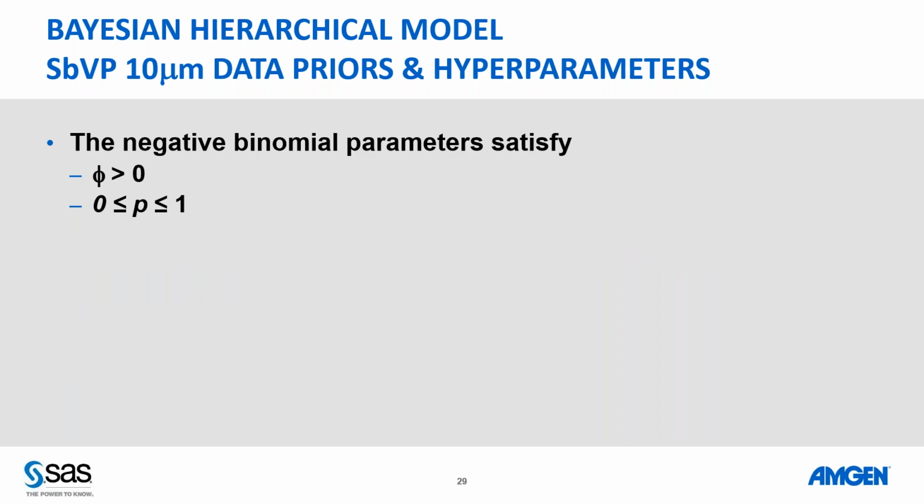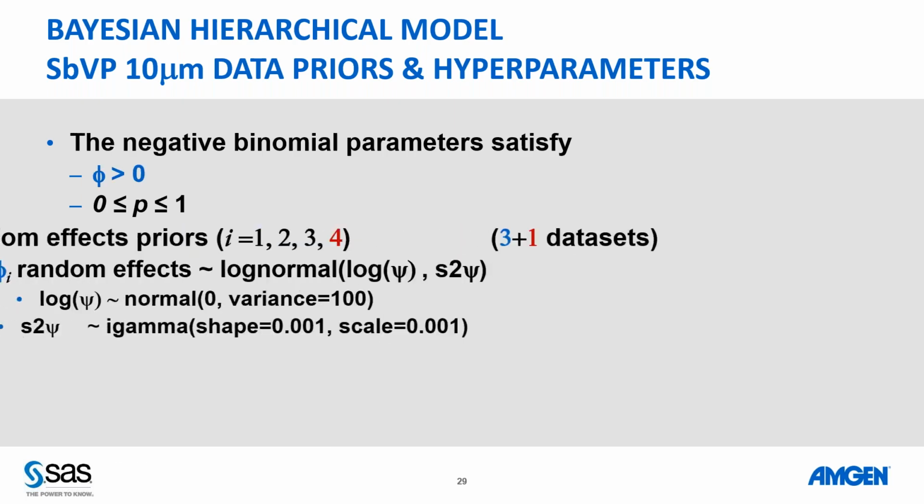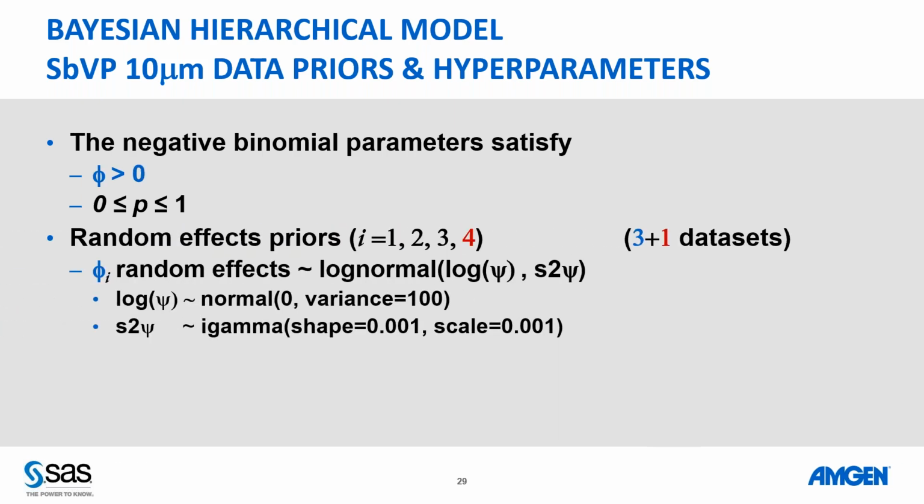For the negative binomial, we have these conditions. The parameter phi has to be positive, greater than 0. And as you know now, the p is the probability that has to be between 0 and 1. Because this parameter has to be greater than 0, one thing we can use is a positive distribution. In this case, we're going to use a log normal with parameters log psi and variance psi, and these go 1, 2, 3, 4.